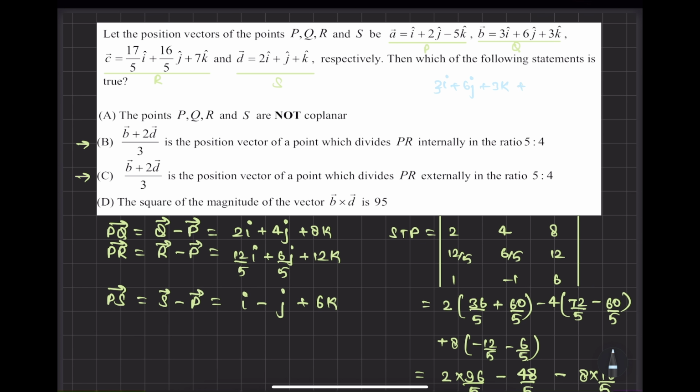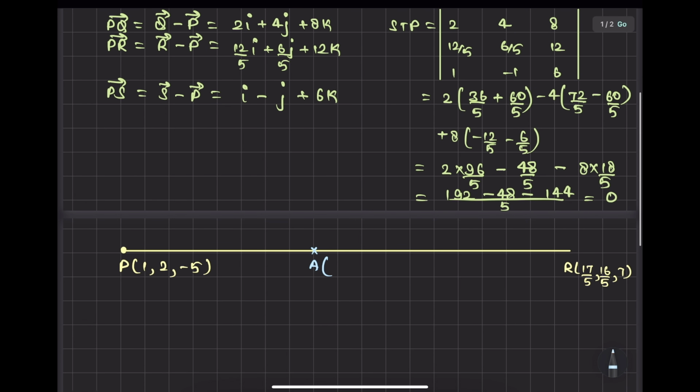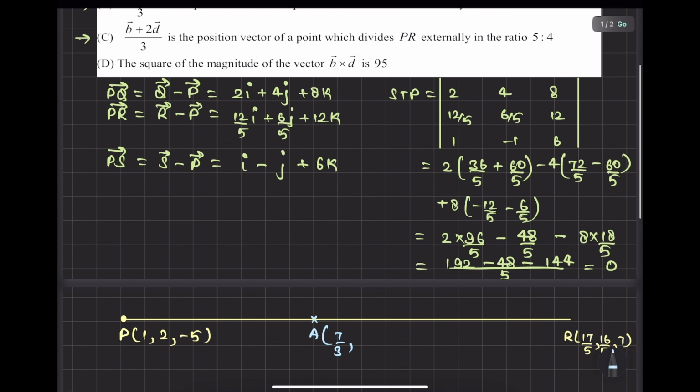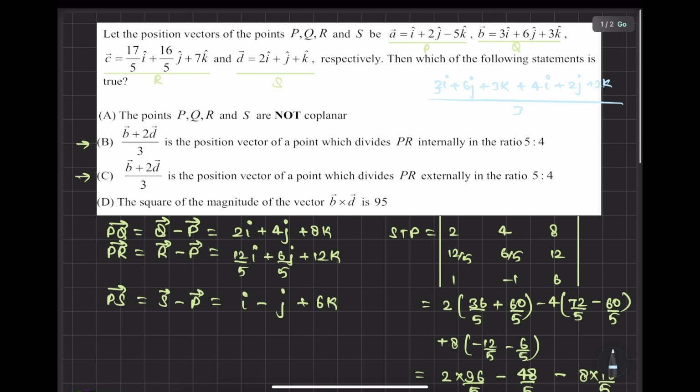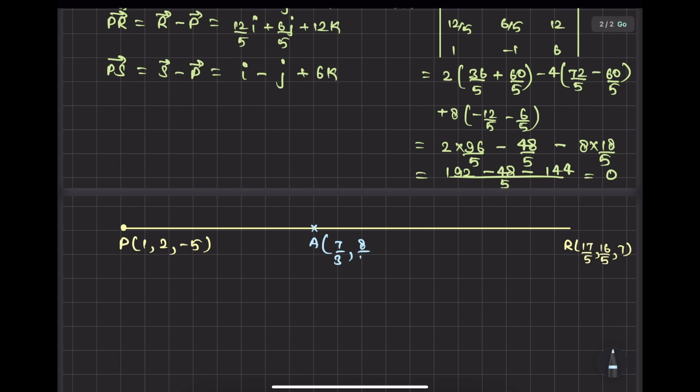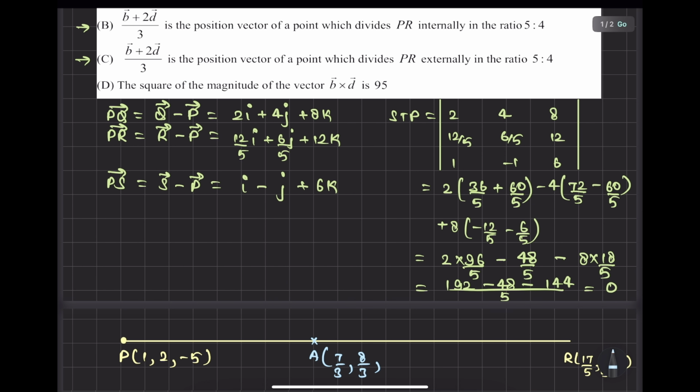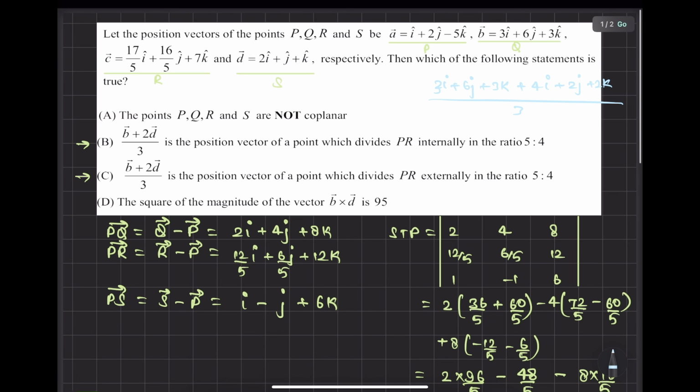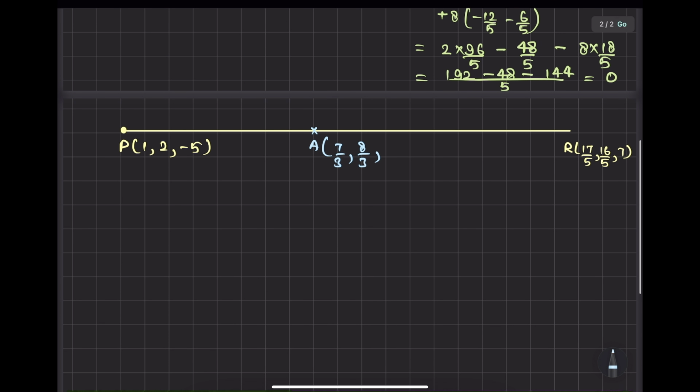Now 2D means 4i plus 2j plus 2k, by 3. So i will become what? 7 by 3. Then we have j. j is 8 by 3. Correct? Now we will go to k. The k component is what? 5 by 3.